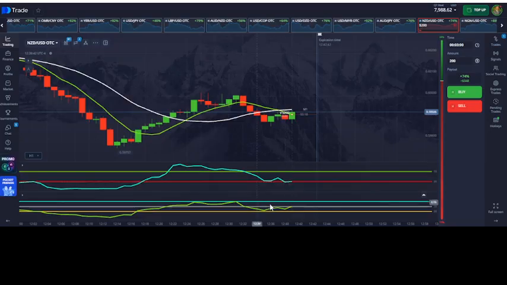And then thirdly, this RSI signal line is holding below the 50 line here, the gray 50 line here. So all of these confluences suggest a continued bearish push to the downside over the next 3 minutes. So let's monitor this trade and wait for the expiration at the end of the 3 minutes.